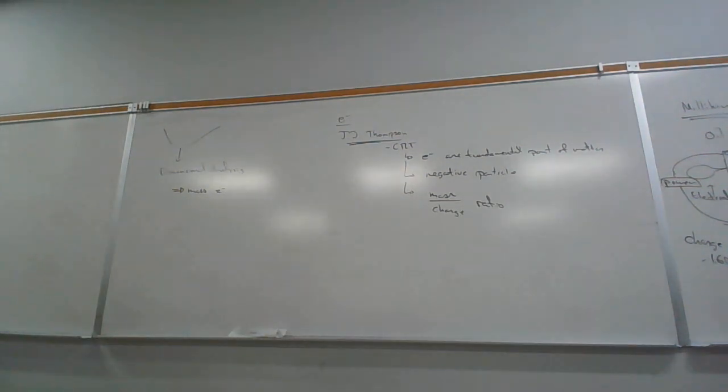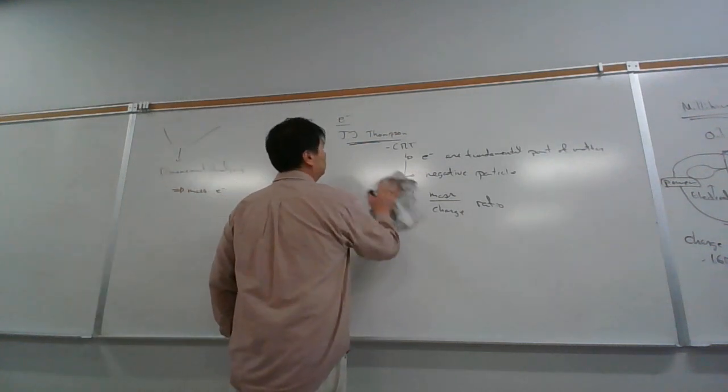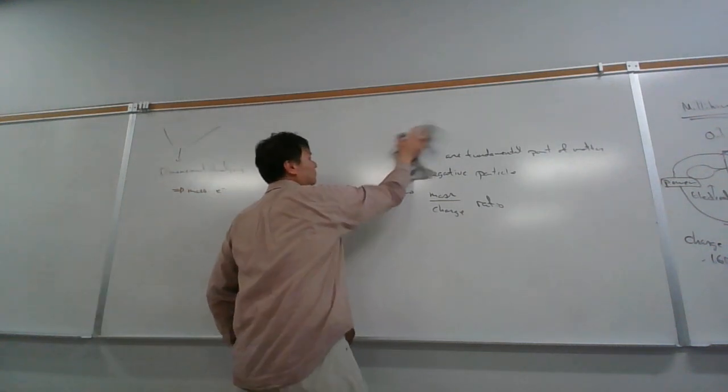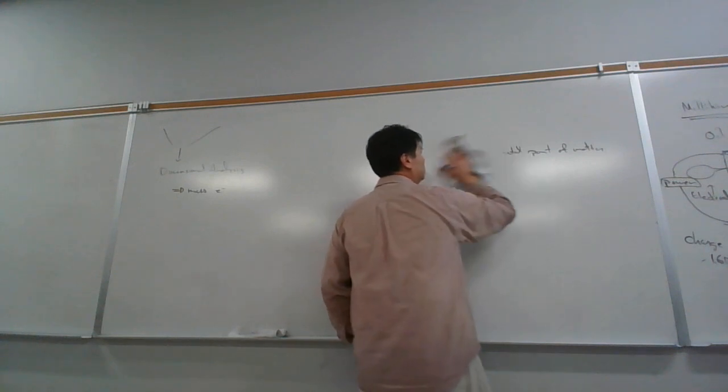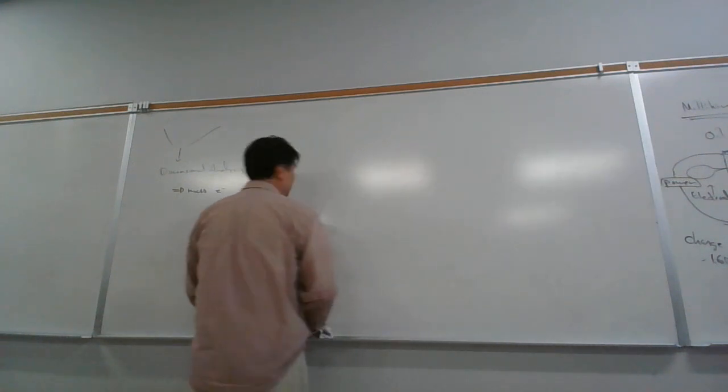Now the size of the electron's tricky. That's because it's just some point in some field. Okay, what were some of the other key experiments?